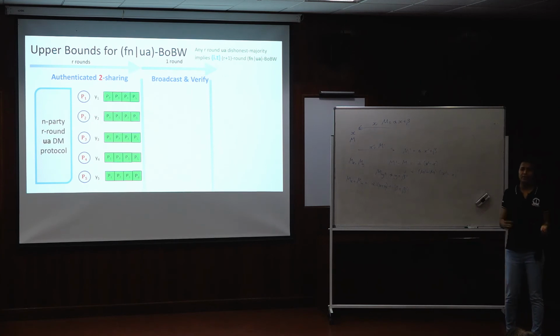If it has enough verified good shares, and enough means the threshold is how much? The threshold is t, right? In this case, I have 5 parties, and what is t, by the way? t is the threshold for the honest majority world. If I have 5 parties, what could t be? 2.